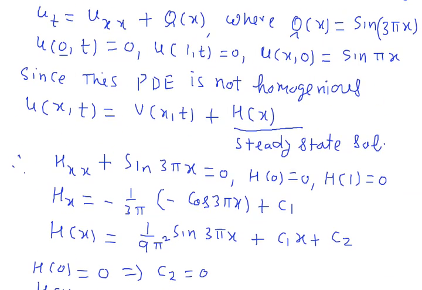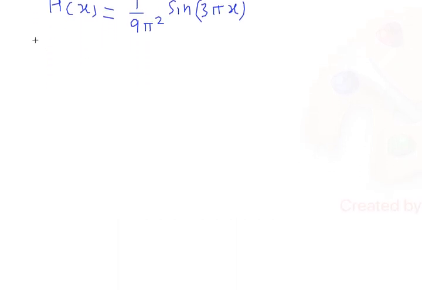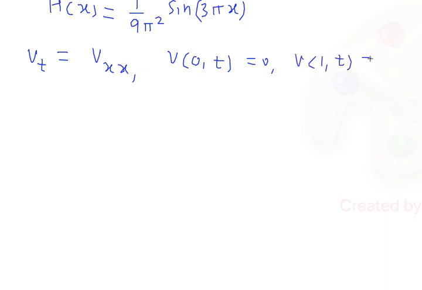Now we have to write this differential equation in terms of v. The differential equation in terms of v is given by v_t = v_xx. The boundary conditions will be v(0,t) = 0 and v(1,t) = 0.